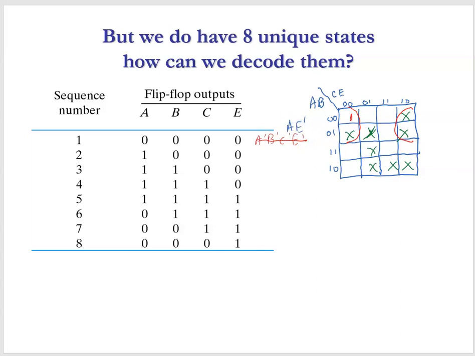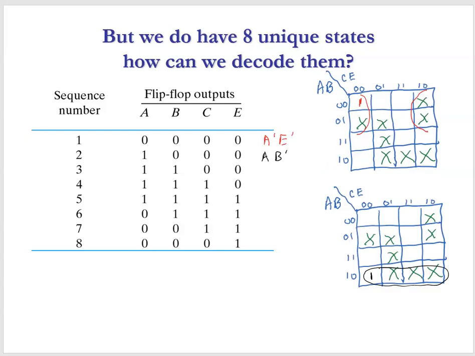So we can do that for each of these states, right? So if we look, for B here, it's 1, 0, 0, 0. So we could circle down here. We have A, B prime. And you should make sure you understand how you can put these in the Karnaugh maps. Make sure you understand where the unused states are. But this is review.